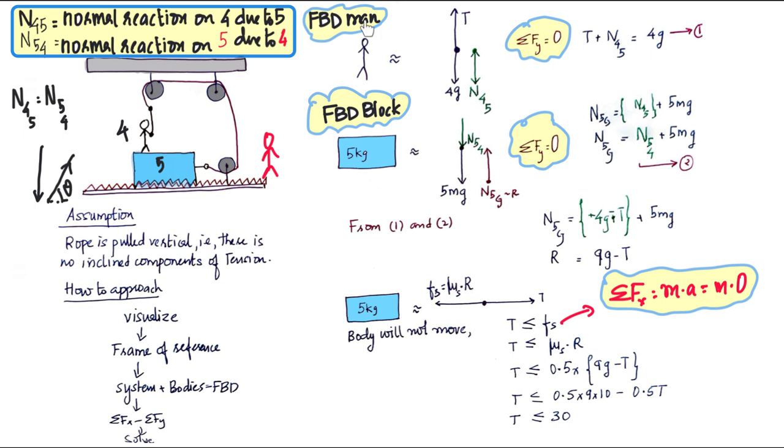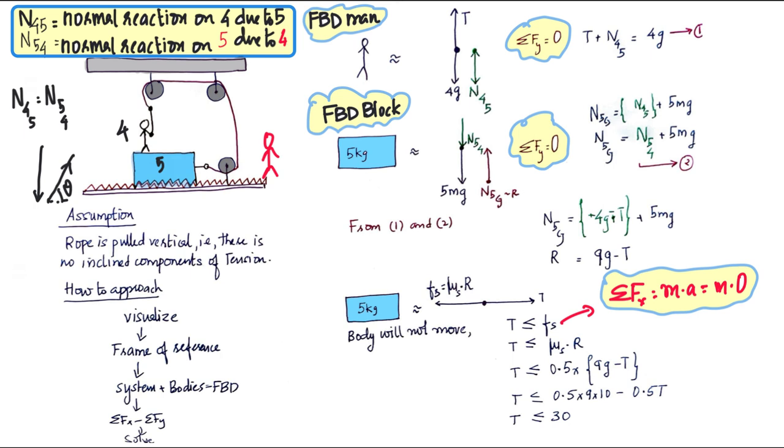So free body diagram of man, I'll assume the mass of the man to be concentrated at one point. What are the various forces acting on this? Weight of the man acting downwards, 4g. Since this man is pulling this rope downwards, there will be a tension.